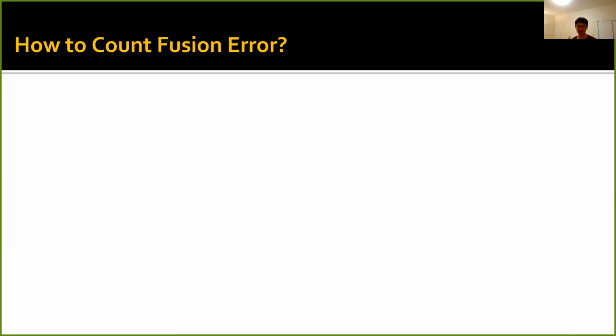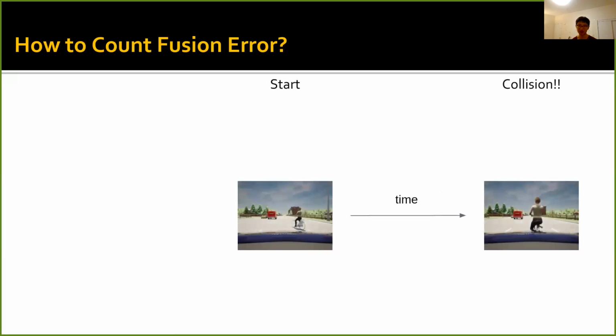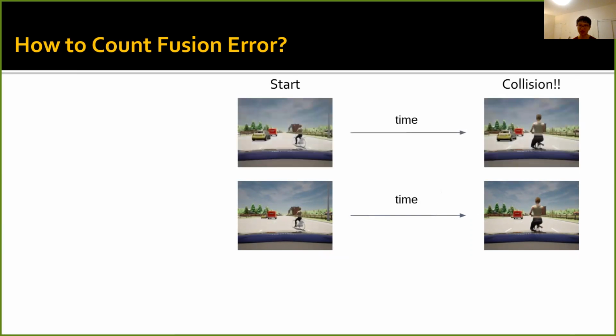Now, the next question is, okay, fine, we have found some fusion errors, but how do we count them? Some might be similar, some might be a bit different. So here is a fusion error example where there's a collision happening between the ADAS and a bicycle ahead. Here's another example.